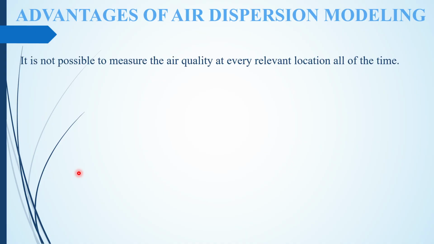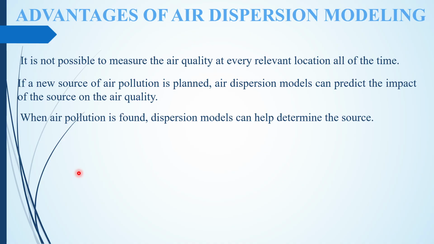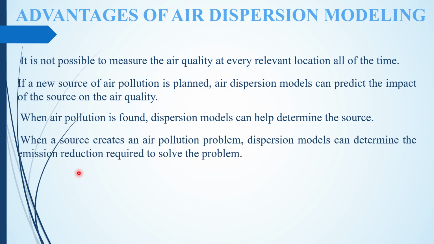So what is the advantage? It is not possible to measure the air quality at every relevant location all the time. If a new source of air pollutant is planned, air dispersion models can predict the impact of the source on the air quality. When air pollution is found, dispersion models can help determine the source.